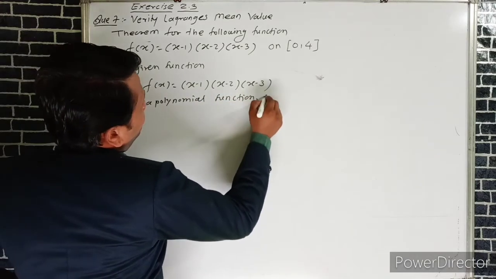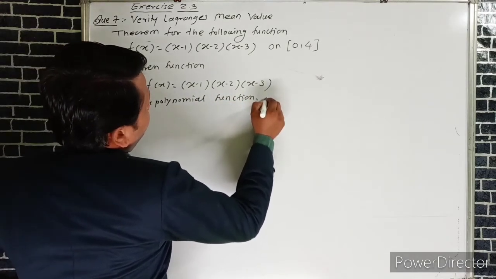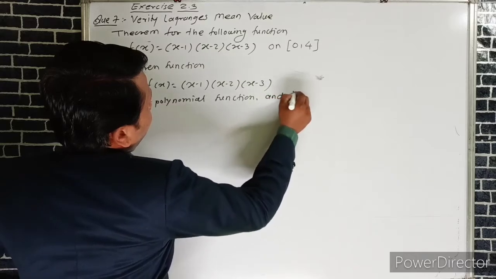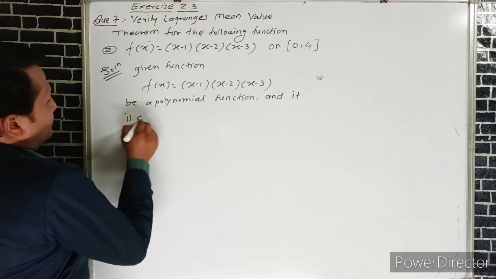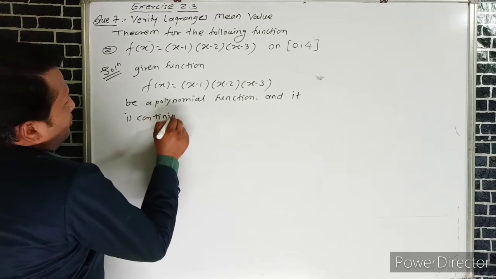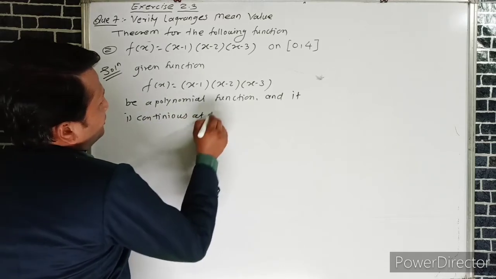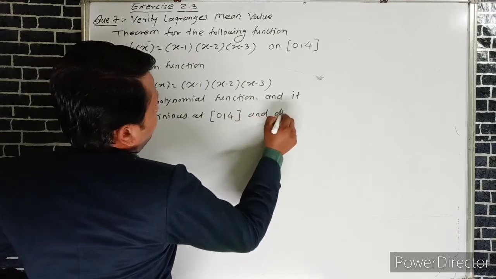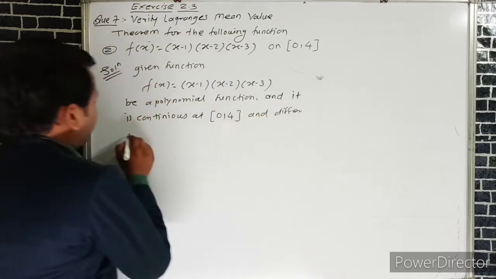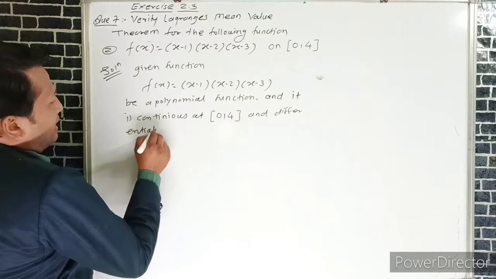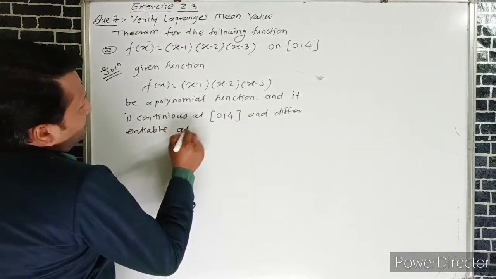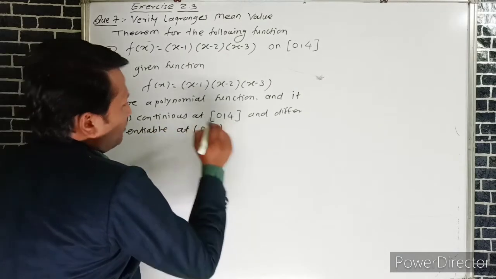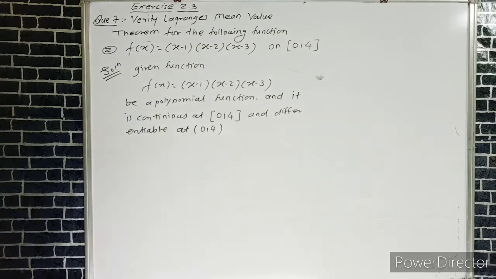If it is a polynomial function, then it is continuous on the closed interval [0, 4] and differentiable on the open interval (0, 4) at any point c.